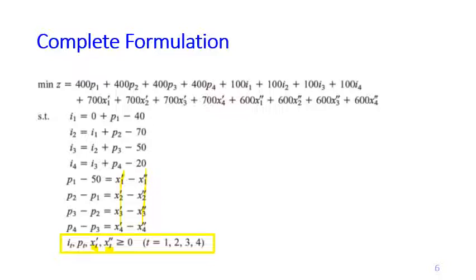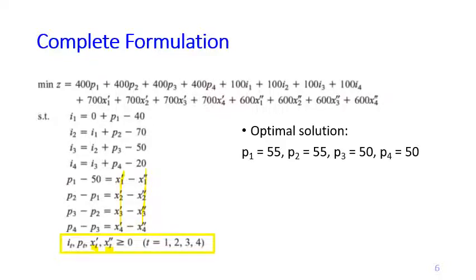And then if you solve this problem, probably you will need big M or two-phase simplex method because all the constraints are in the equality sign. You will obtain this optimal solution with the ending inventory at period 4 equal to 30.